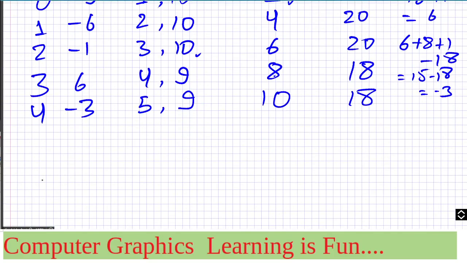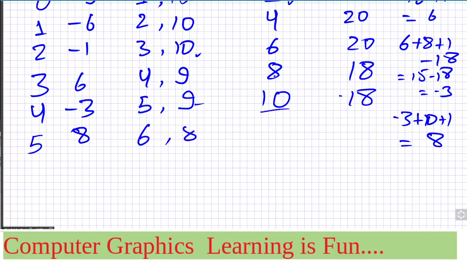So now this is 5 and you will have to calculate again. Minus 3, since y was not decreased, pk plus 1 will be minus 3 plus 10 and plus 1. So it will be 8. Since this is positive, x will increase and y will decrease.